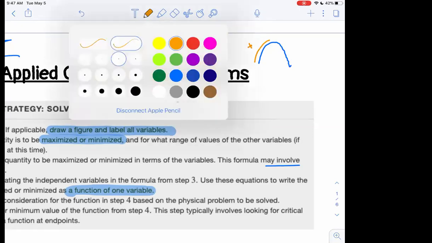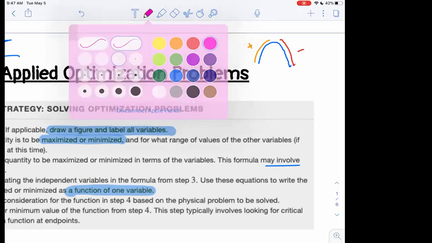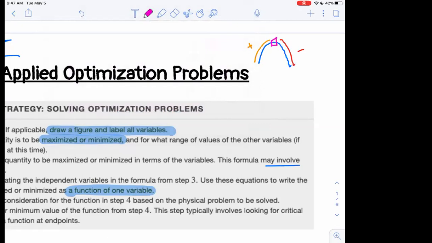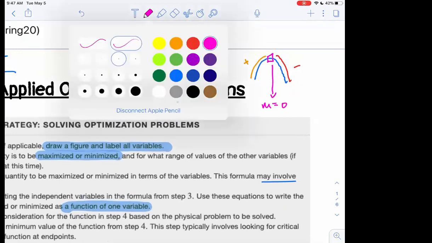All right, what about the slope on this side? Negative. Negative, all right. And what about this slope right at the very tip top? 0. 0, good, okay. So this has a slope of 0 at the maximum point.